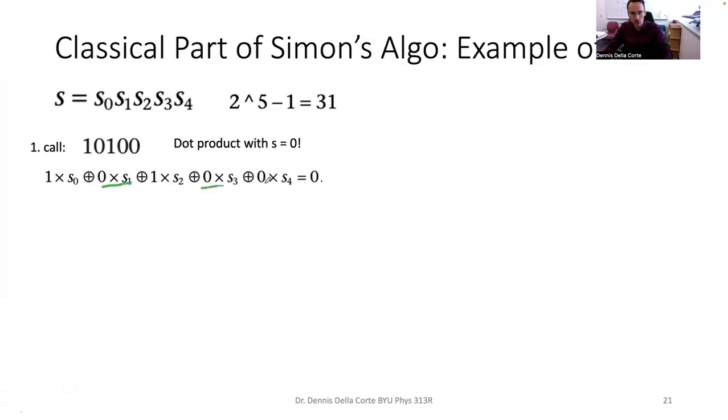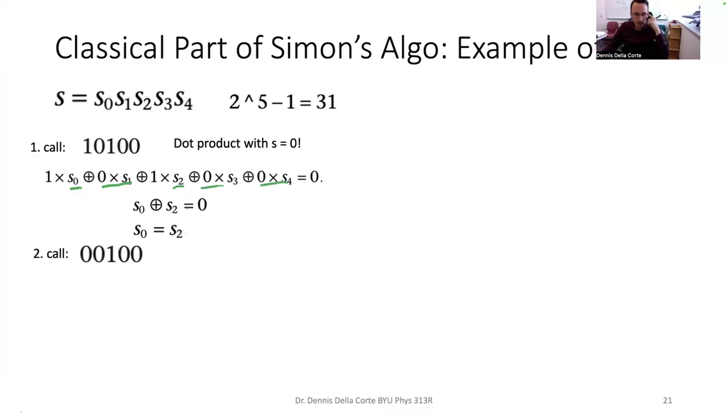Then we only have left S0 XOR S2. So this is equal to 0. Does this help us? Well, it helps us to realize that S0 and S2 have to be the same, because if the XOR of two bits gives us a 0, then both of those bits must be the same.